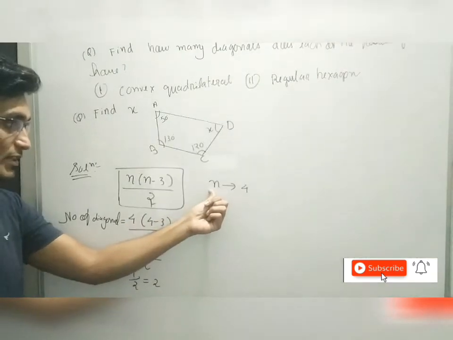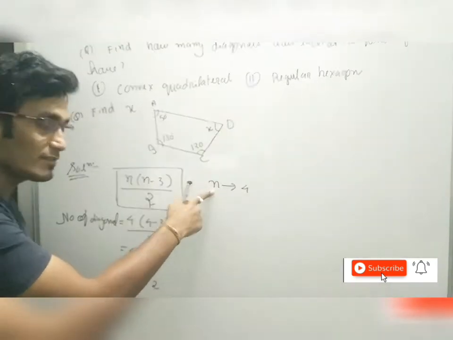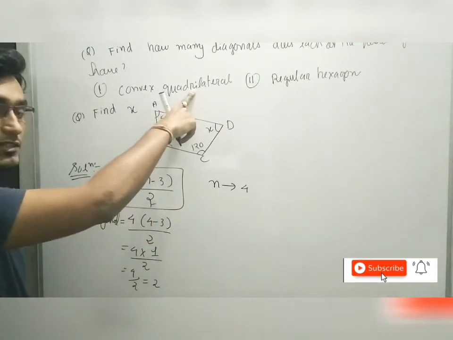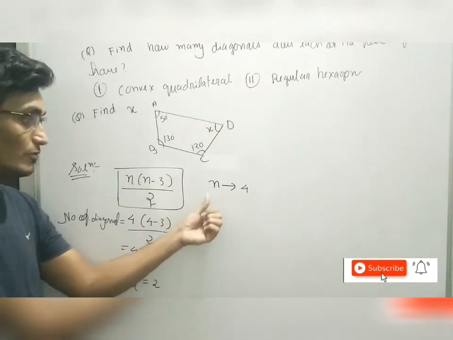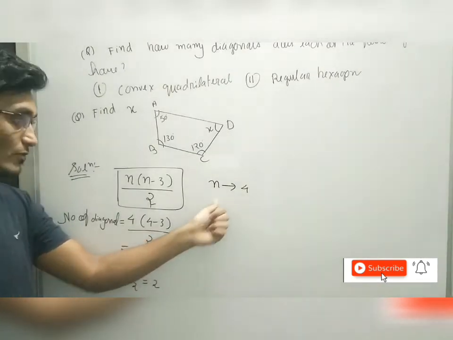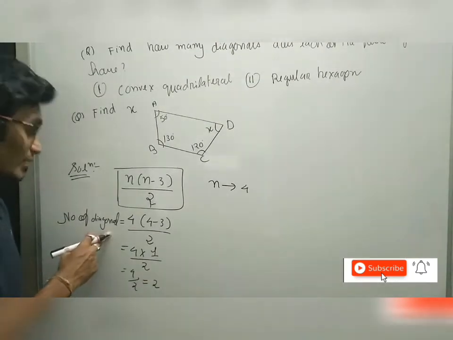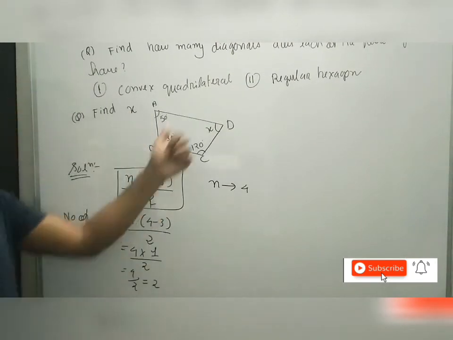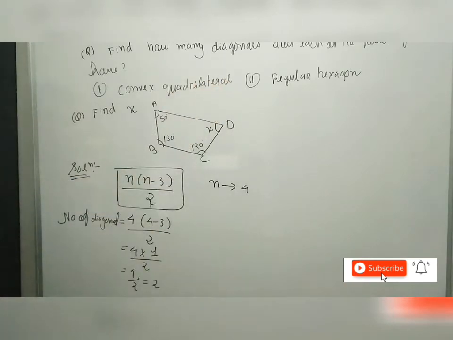Simply remember, once you write down the formula, replace the value of n. Since a quadrilateral has 4 sides, we replace n by 4, and the final answer is 2.